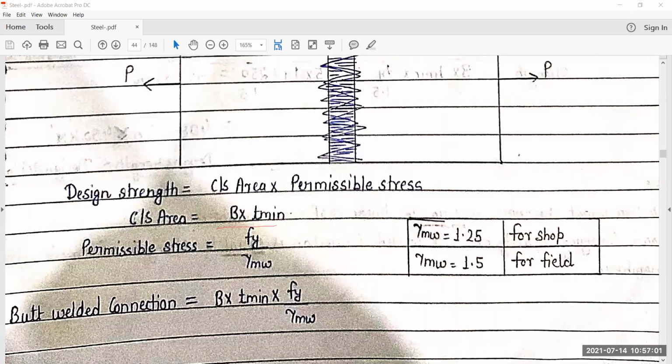This is T minimum, B into T minimum, thickness minimum, and consider Fy over gamma mw.